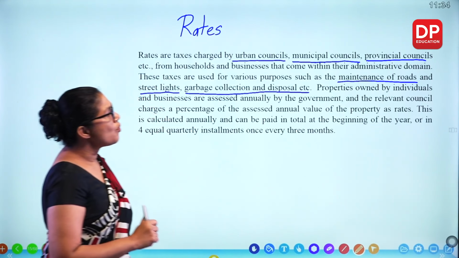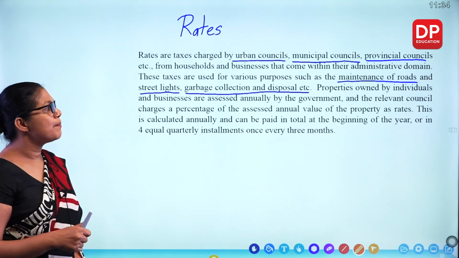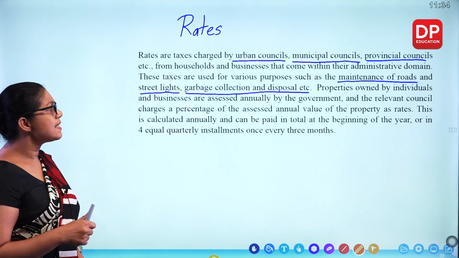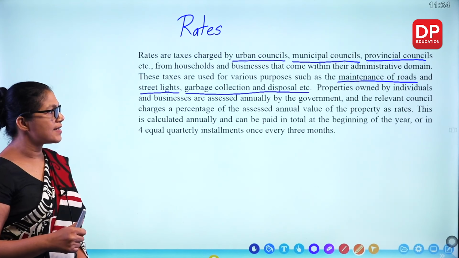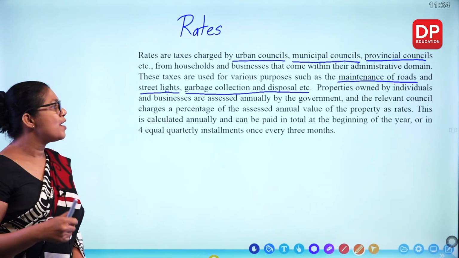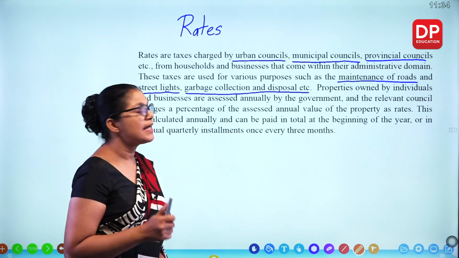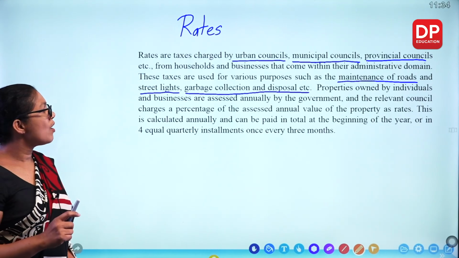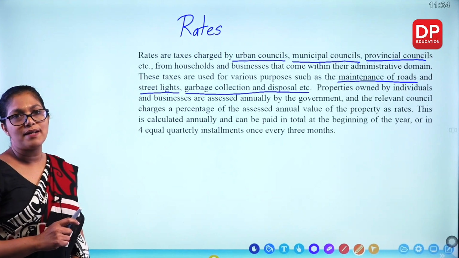Properties owned by individuals and businesses are assessed annually by the government, and the relevant council charges a percentage of the assessed annual value of the property as rates. This is calculated annually and can be paid in total at the beginning of the year or in 4 equal quarterly installments once every 3 months.